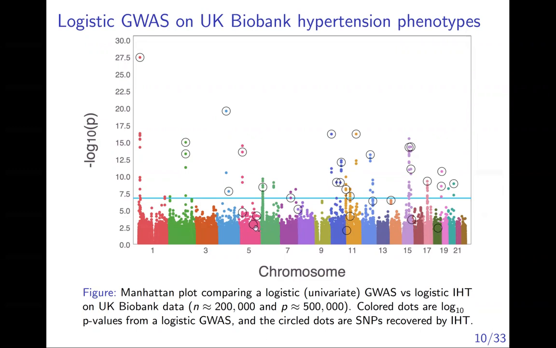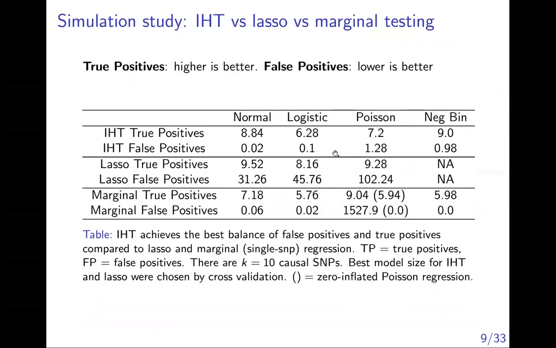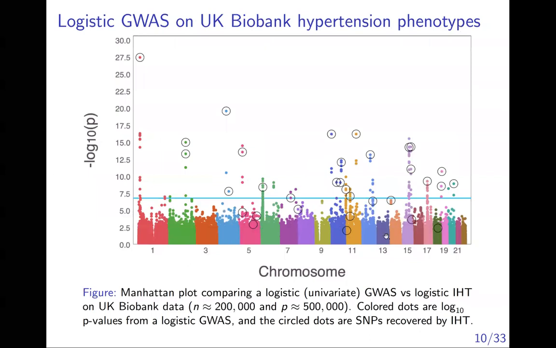Okay, and if you believe our simulation here, for the logistic case, for binary case, IHT has very little false positive, right? So probably a few of these might be real. And they are real in the sense that traditional methods cannot detect them.